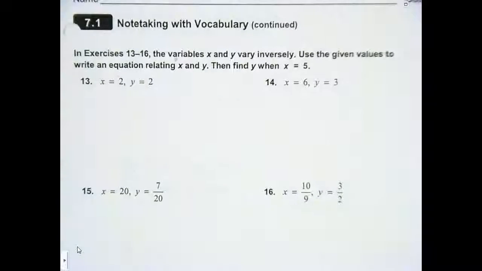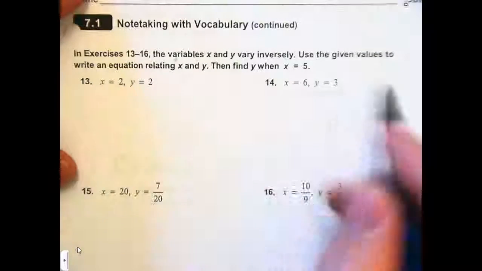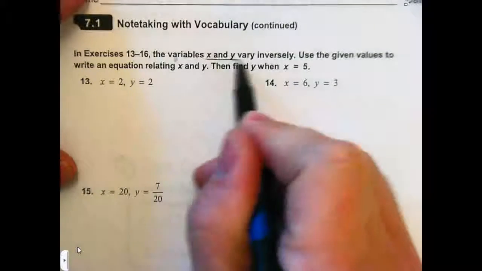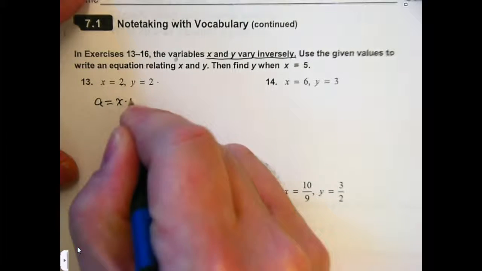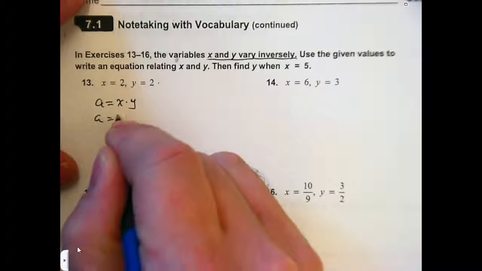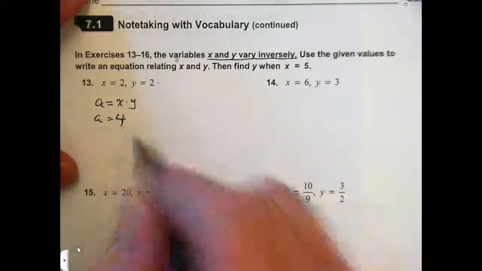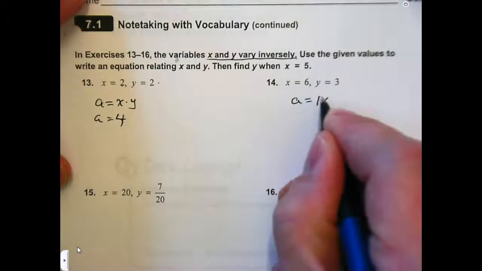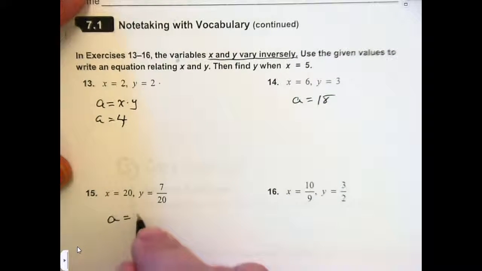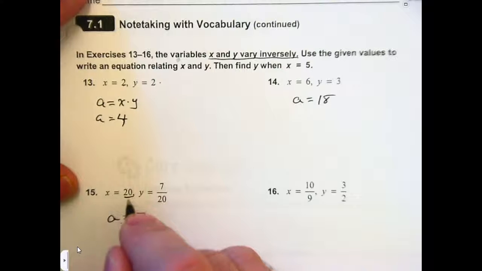Hey, here we go. How do we find A? X times y. It says x and y vary inversely, so therefore you can find a by doing x times y, which in this case a equals 4, 2 times 2. Here a would equal 18. Here a would equal 7. Remember, you put a 1 under that.